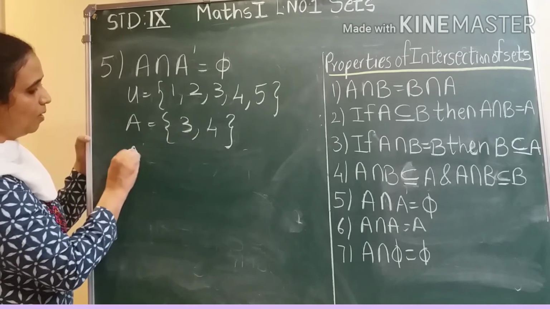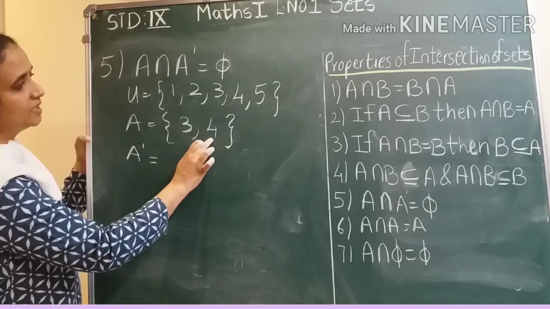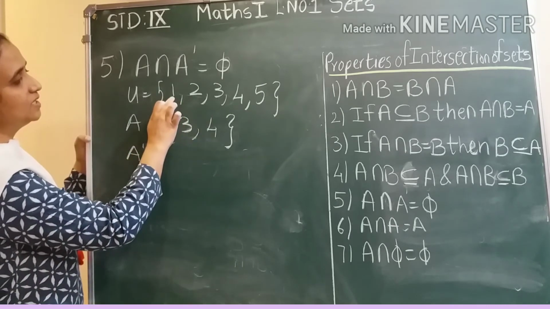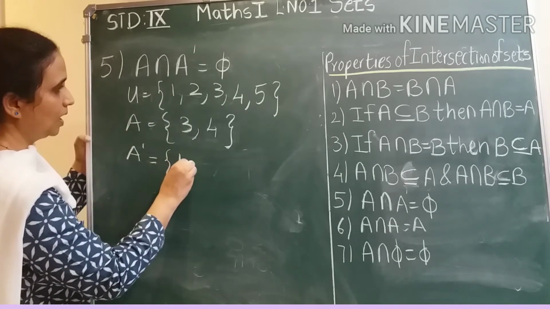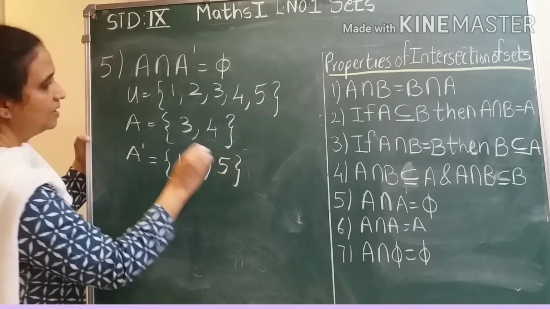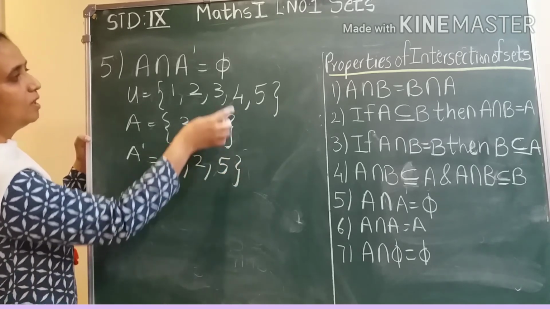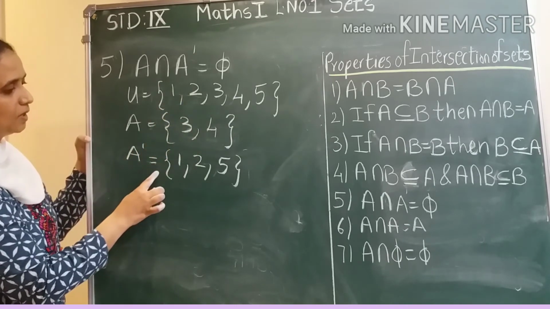We'll write A complement. A complement means leaving these two elements, which are the elements present in the universal set. So A complement means 1, 2 and 5. Leaving these two elements, all the remaining elements from the universal set make the A complement.